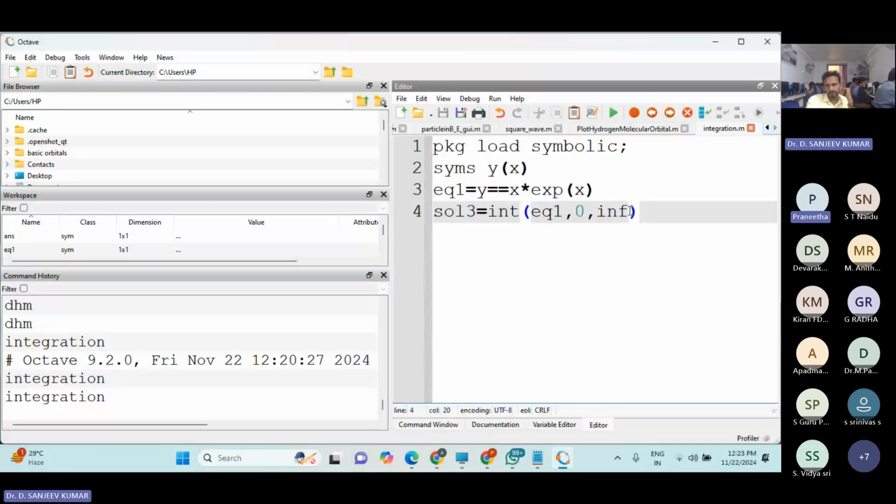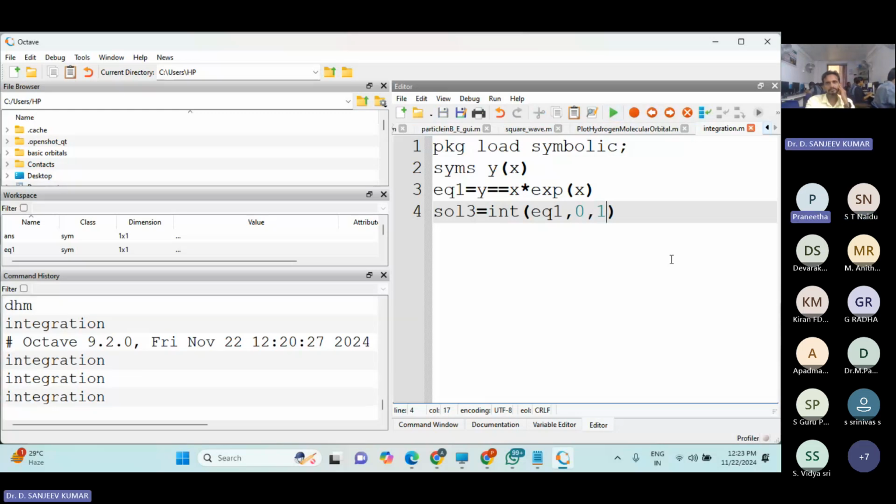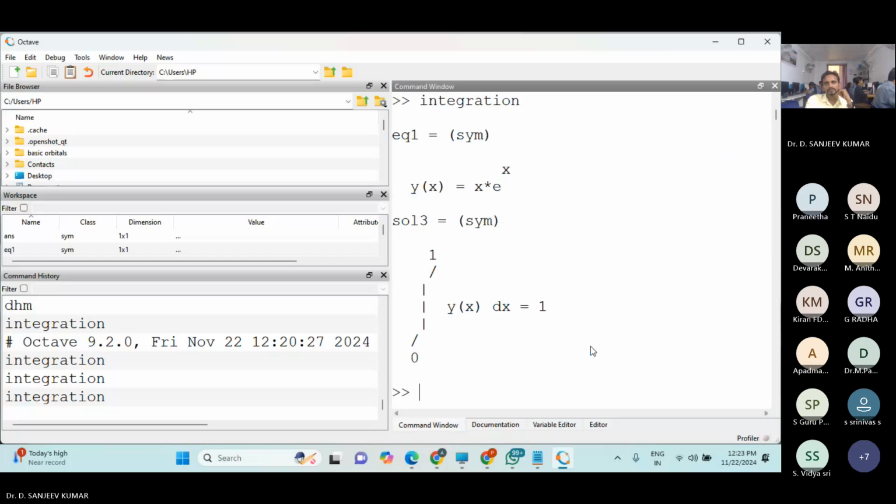Instead of infinity, if I put 1 as the upper limit for integration, I got 1.